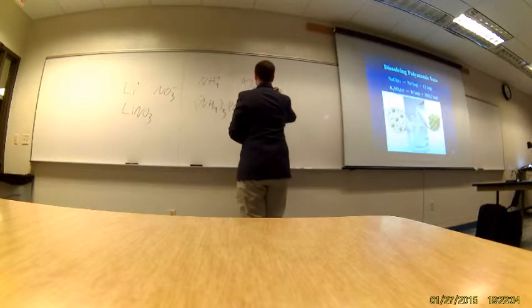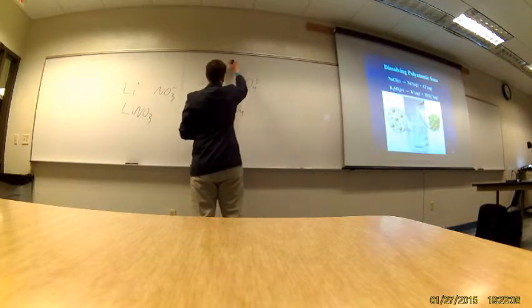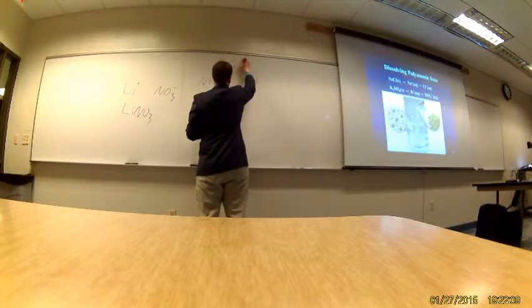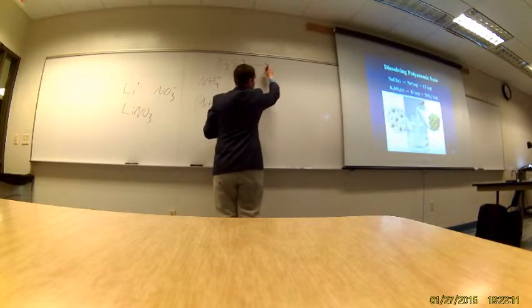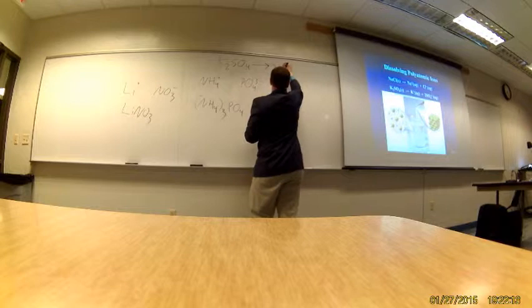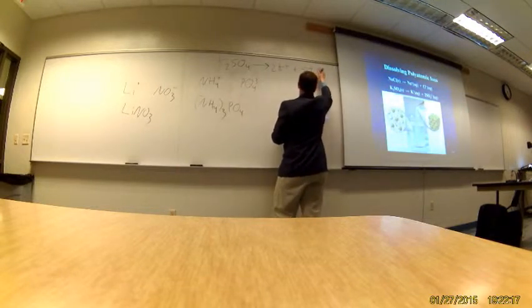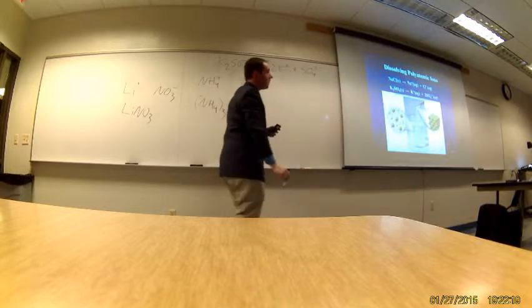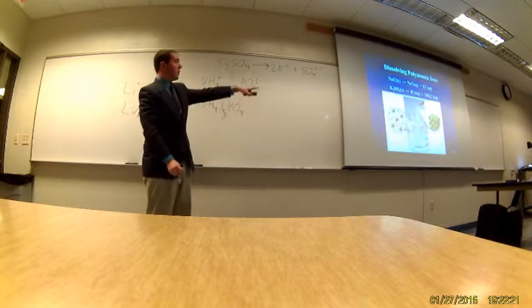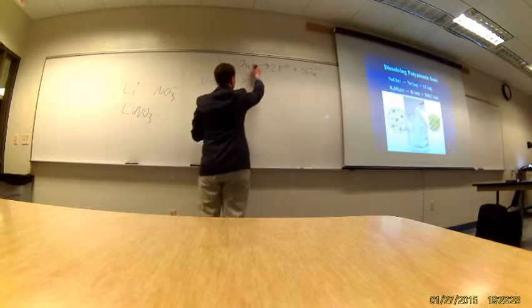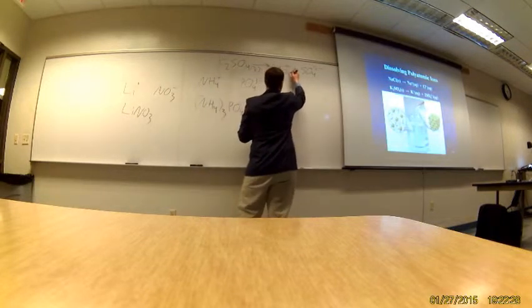That should be K2SO4 goes to 2K+ plus SO4 2-, with the little state symbols. Solid.